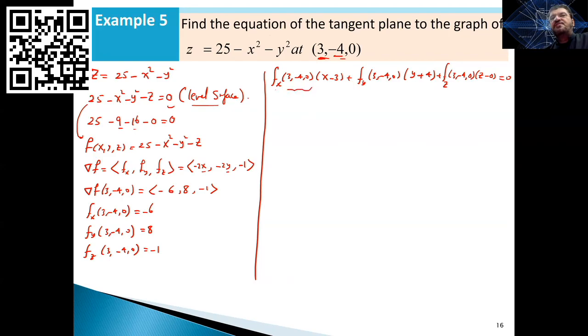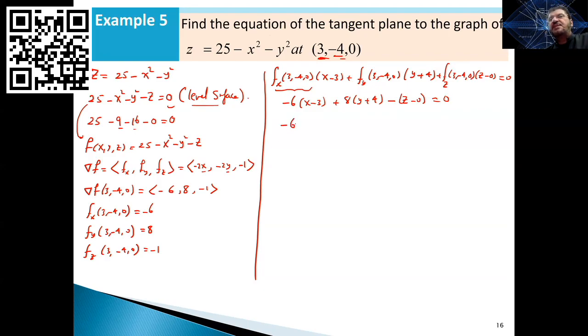But we already have these values. So -6 times x minus 3. And fy is 8, so plus 8 times y plus 4. Fz is -1, so minus z minus 0 is equal to 0.